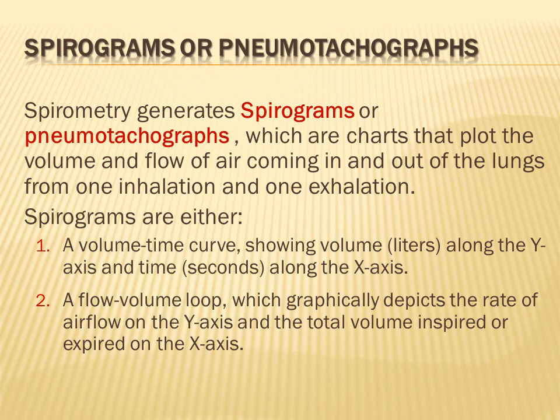And the other form of the spirograms is a flow volume loop, which graphically depicts the rate of airflow on the y-axis and the total volume inspired or expired on the x-axis.